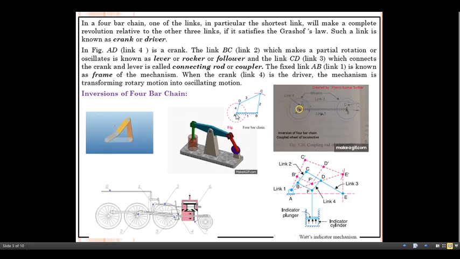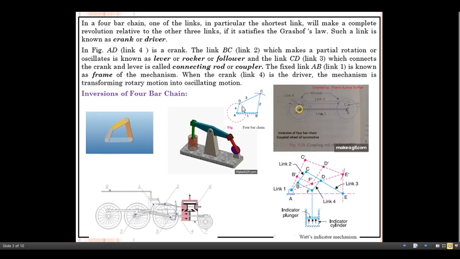The next link BC, link number 2, which makes a partial rotation or oscillates, is known as lever or rocker or follower. The link CD, which connects the crank and lever, is called the connecting rod or coupler. The fixed link AB, link number 1, is known as the frame of the mechanism.